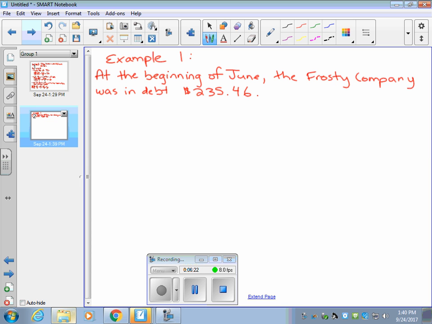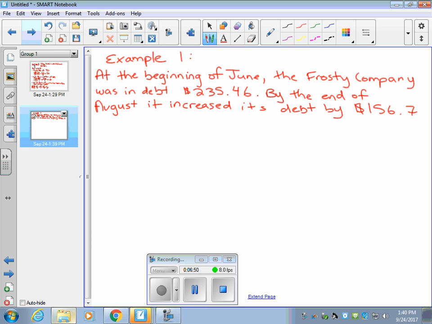Make sure you're copying this down. By the end of August, it increased its debt by $156.71.